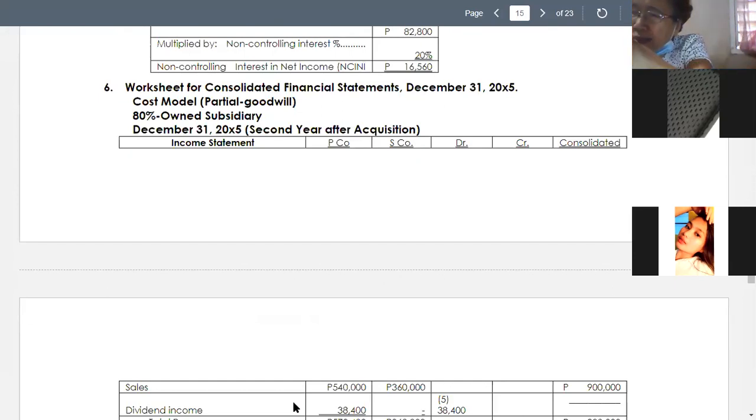That's why I am trying to reach the equity method by tomorrow. So at least you will have ideas about the cost method and the equity method. We will try to compare. Now, I will not give you the equity method for your assignment tomorrow. I will just have the PDF for that, a very long solution.